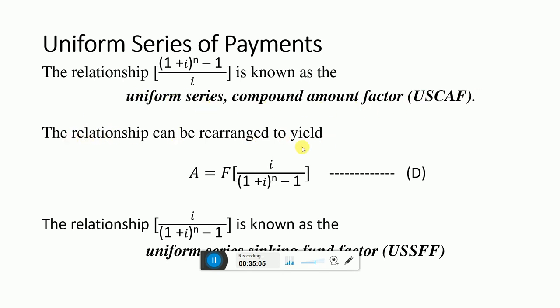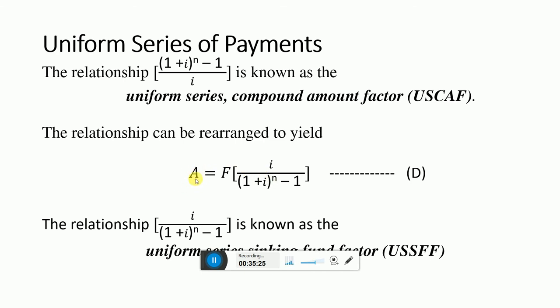So this relationship can be rearranged in the other form, in which we can find out the value of A, as A is the uniform end of period payment or receipt continuing for duration of n.